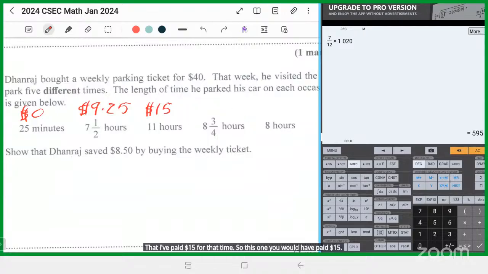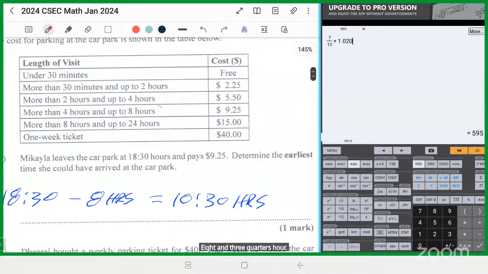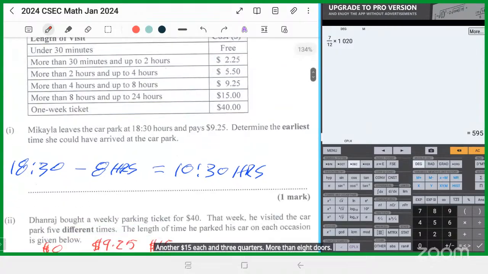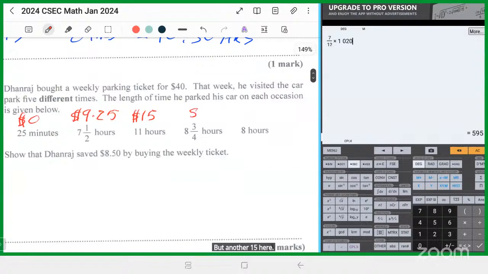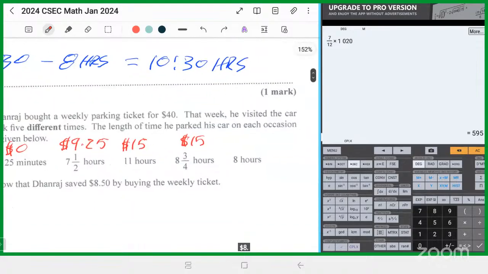For 8 3/4 hours, which is more than 8 hours, that's another $15. And then for 8 hours, you would have paid this exact amount, another $9.25.